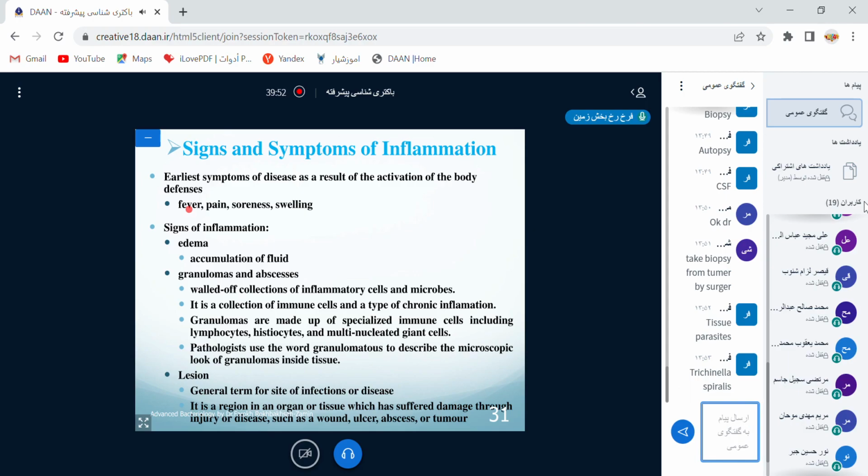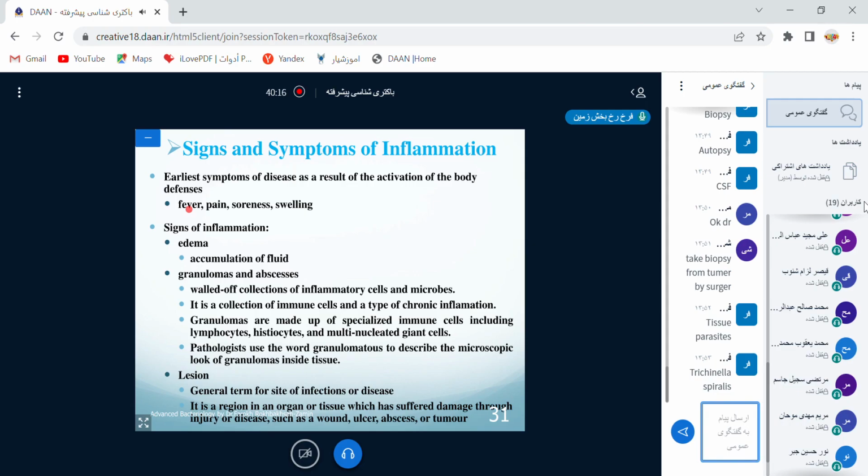So if one patient has fever, it is a response of the immune system, a response of our body against the pathogen. Why? Because the pathogen's maximum growth and multiplication is at 37 degrees centigrade.